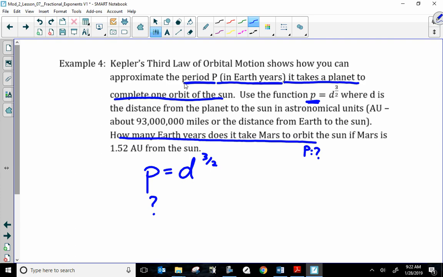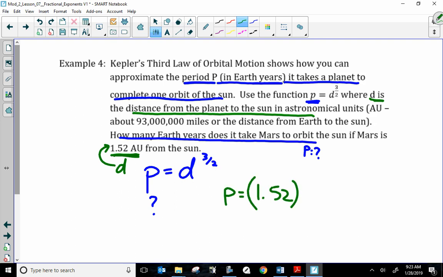If Mars is 1.52 AUs from the sun, D is the distance of the planet to the sun. Okay, Mars is 1.52 AUs from the sun. That's D. So really, P equals 1.52 to the 3/2. That was really easy. We just had to break it apart.